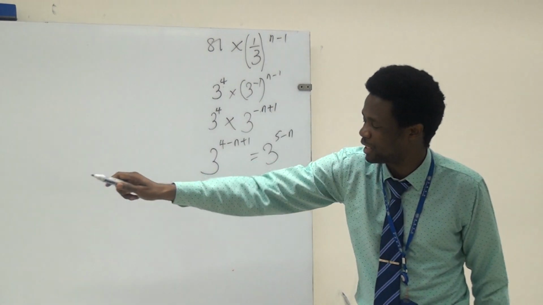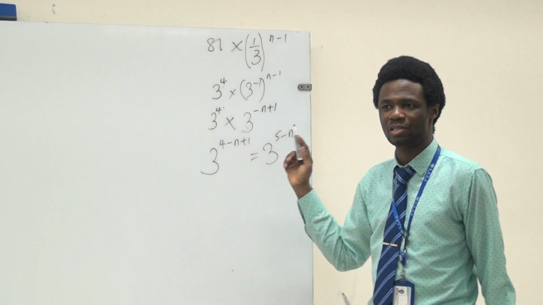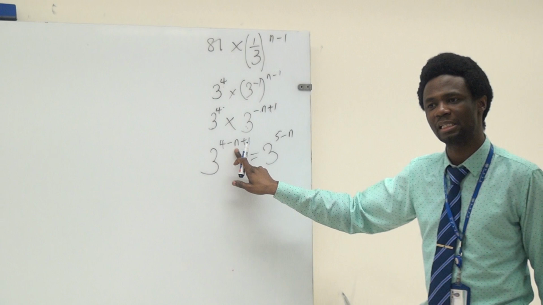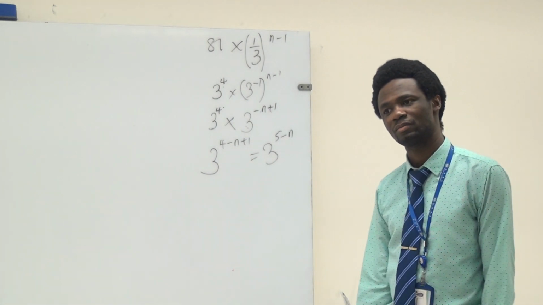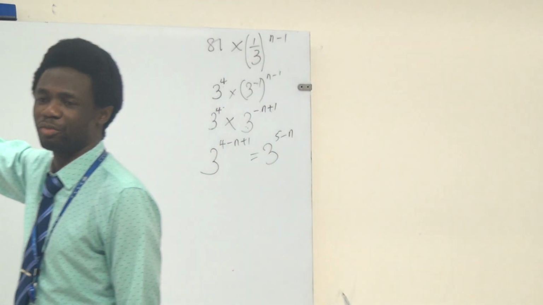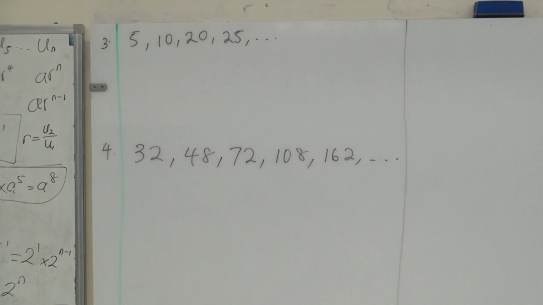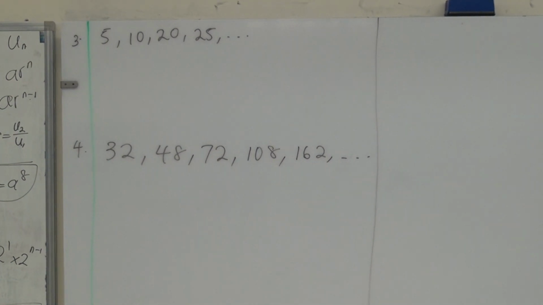And I did the same thing I did in number 1. They have the same base. All I have to do is add the powers. That's what I did. And when you have this and this is what you get. Do you agree with that? And this is just to simplify it. That's all. What do you get for number 3? 5 times 2 to power n minus 1. That's right. That's the easiest one.